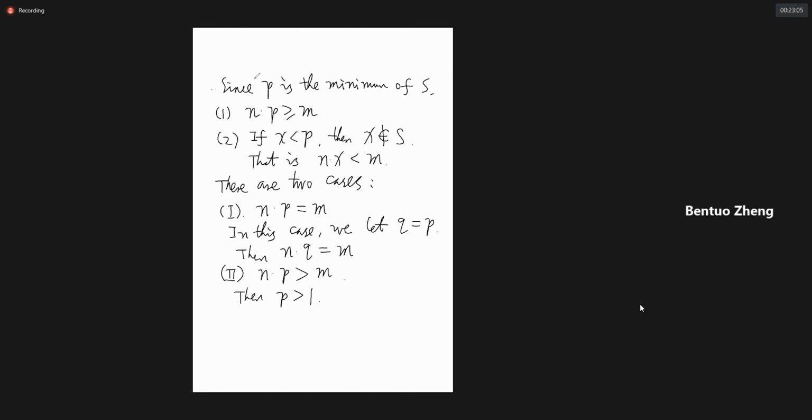So does anyone understand why this is true? Why, if N times P is greater than M, does P have to be greater than 1?